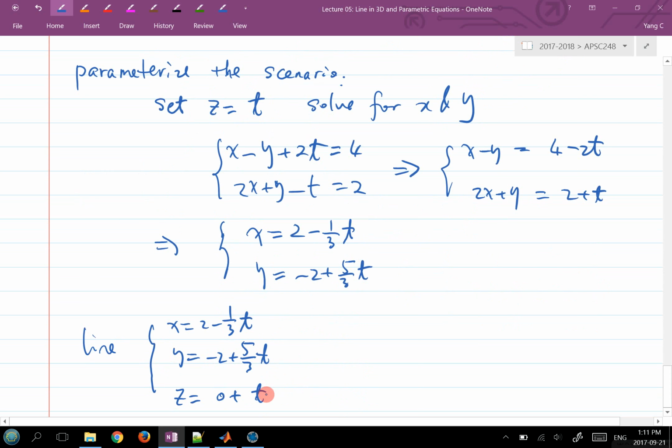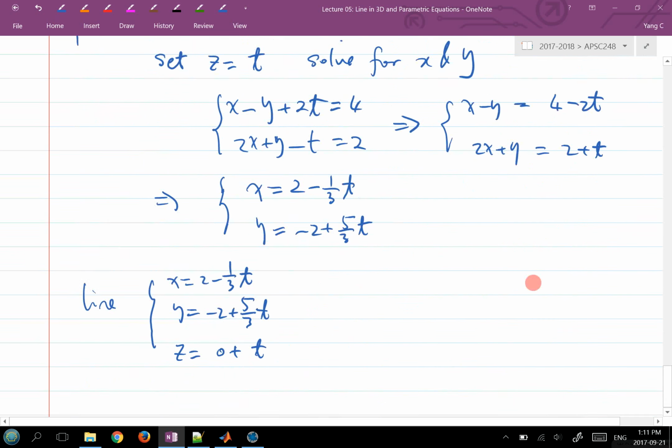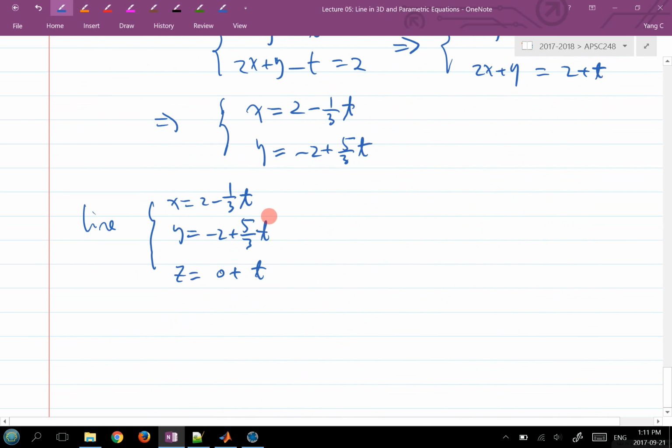And this is one way of what we call parameterizing this case. Originally you had two equations, and now you turn the two equations into one set of parametric equations. That's called parameterizing this case.